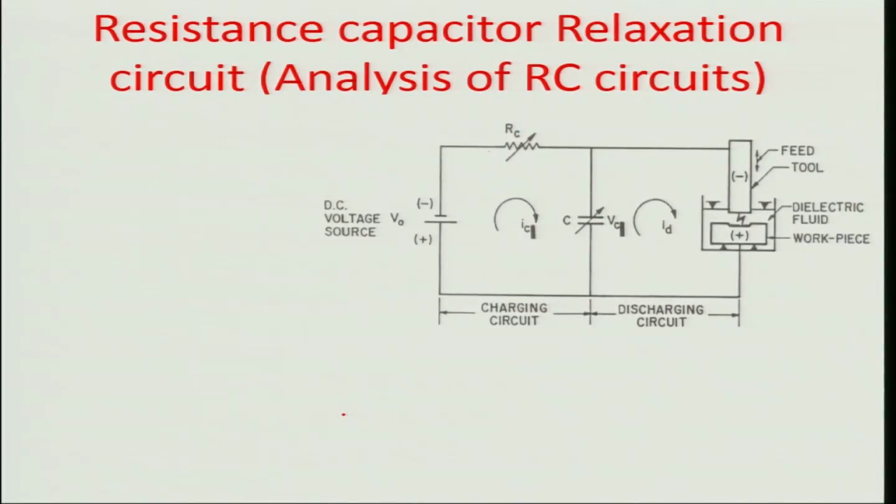So the minimum value of resistance, particularly this resistance RC, needs to be maintained so that the circuit doesn't cause an arcing-like behavior, and it limits itself to only the sparking behavior.